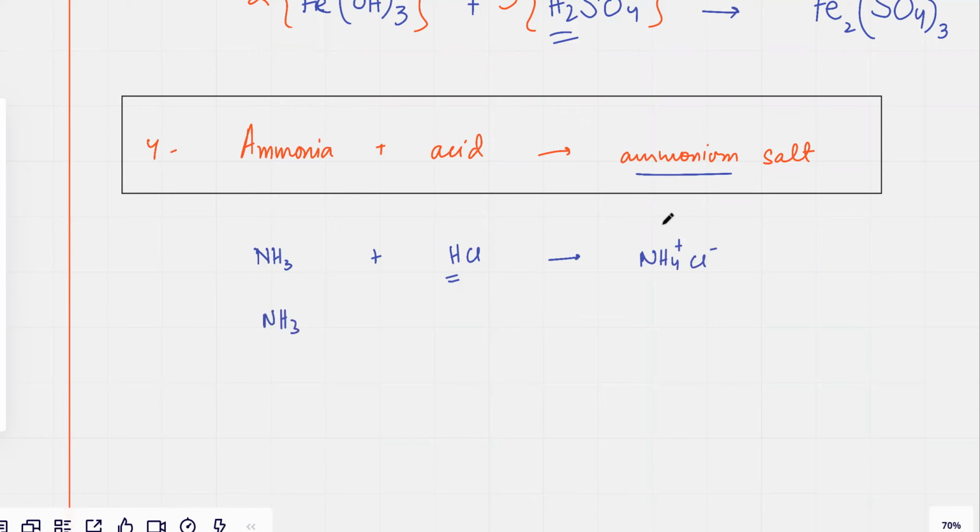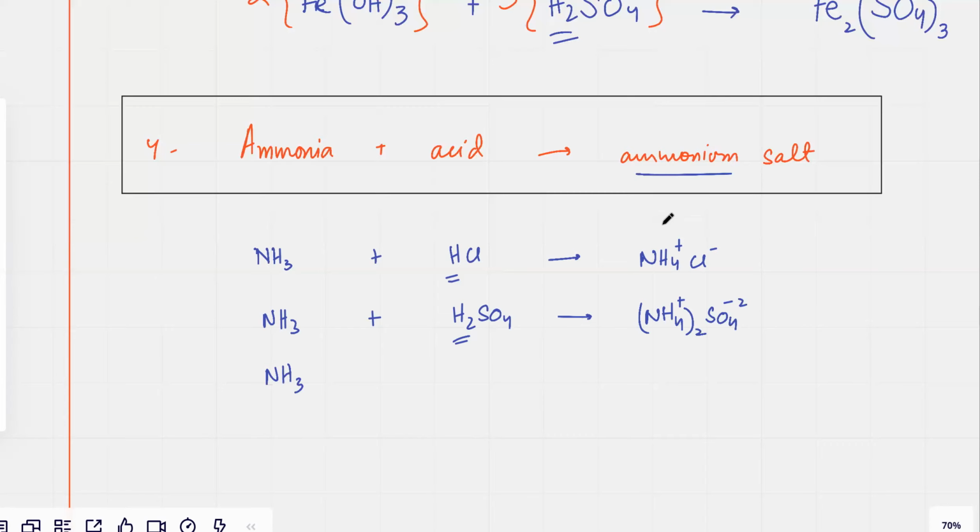If you react ammonia with H2SO4, same thing happens. The H is going to be knocked out and replaced with ammonium. So it's going to be NH4 plus 1, and there's going to be SO4, which would be minus 2. So the formula would be (NH4)2SO4.